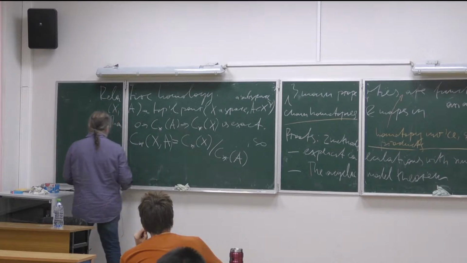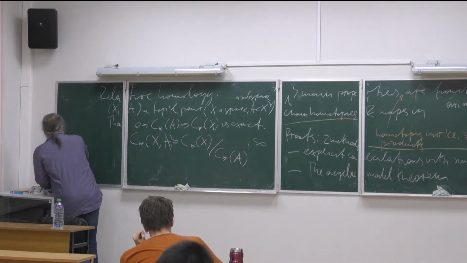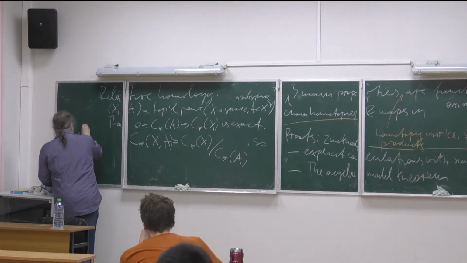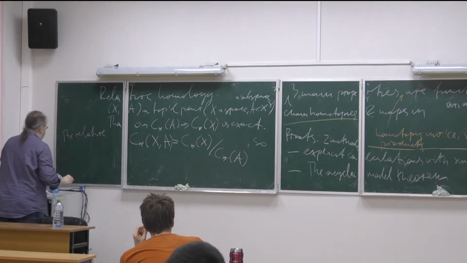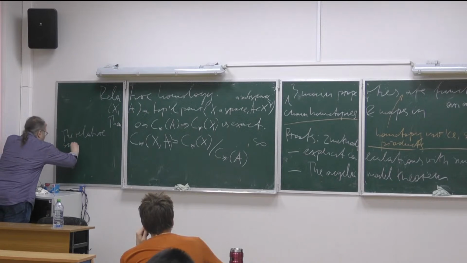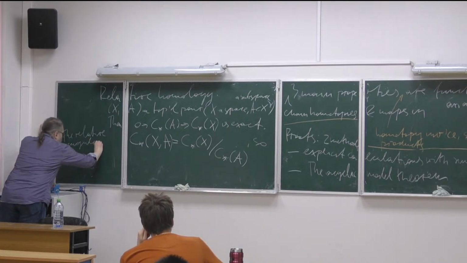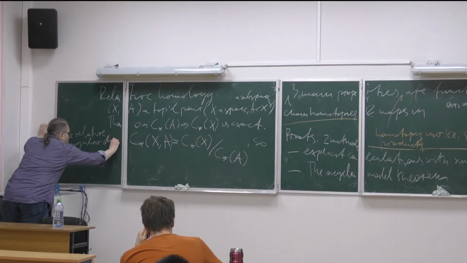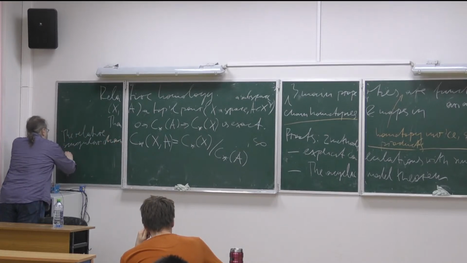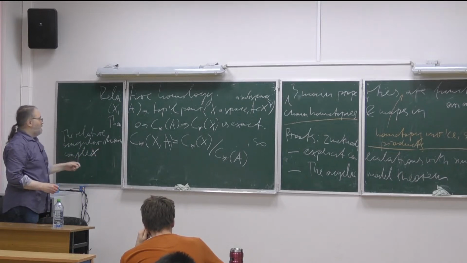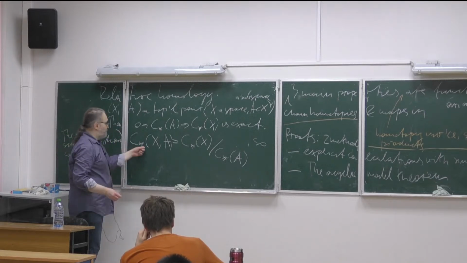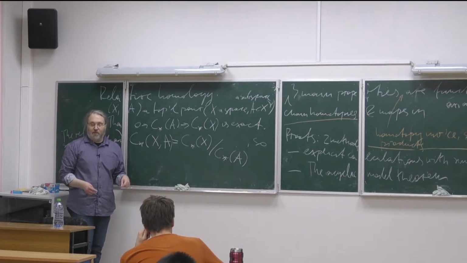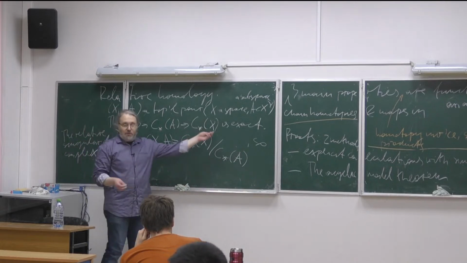Then the relative singular chain complex C lower star of X comma A is just the quotient complex.